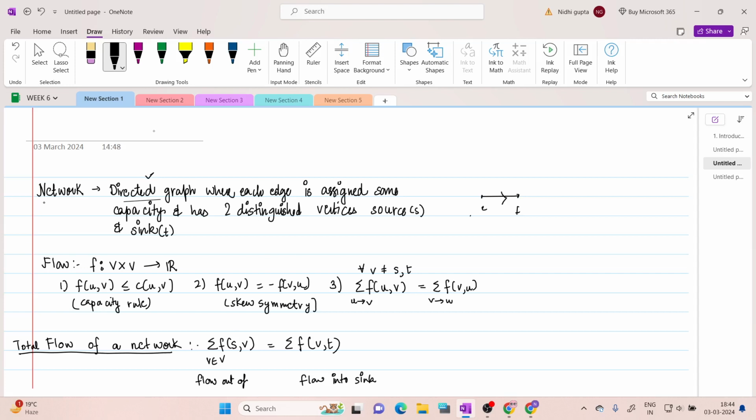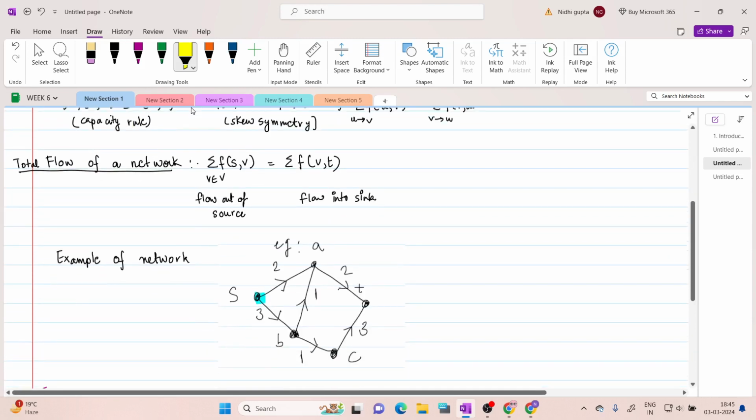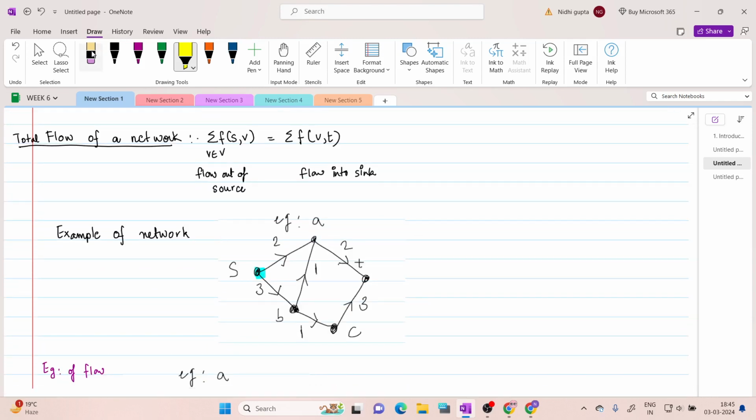And also, what is a network? There are three things. It is a directed graph. Secondly, each edge is assigned some number which we call capacity, and it has two distinguished vertices, source and sink. This is an example of a network.